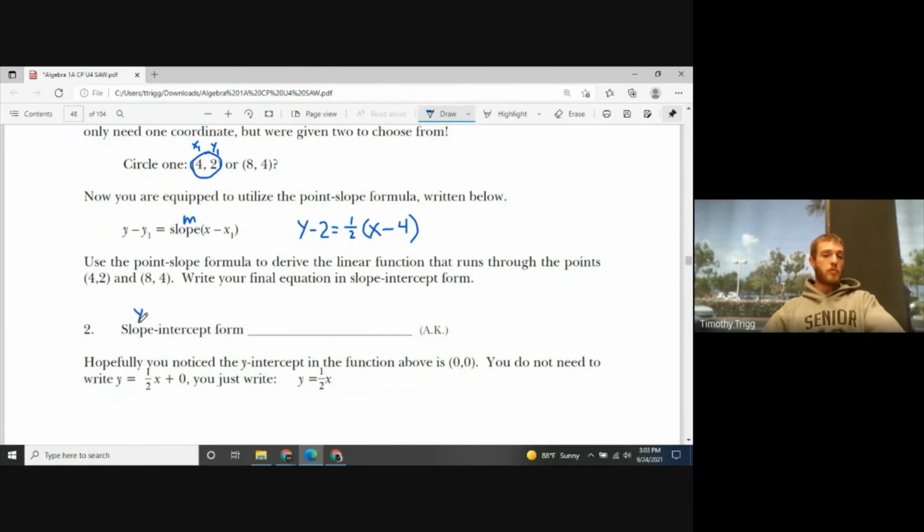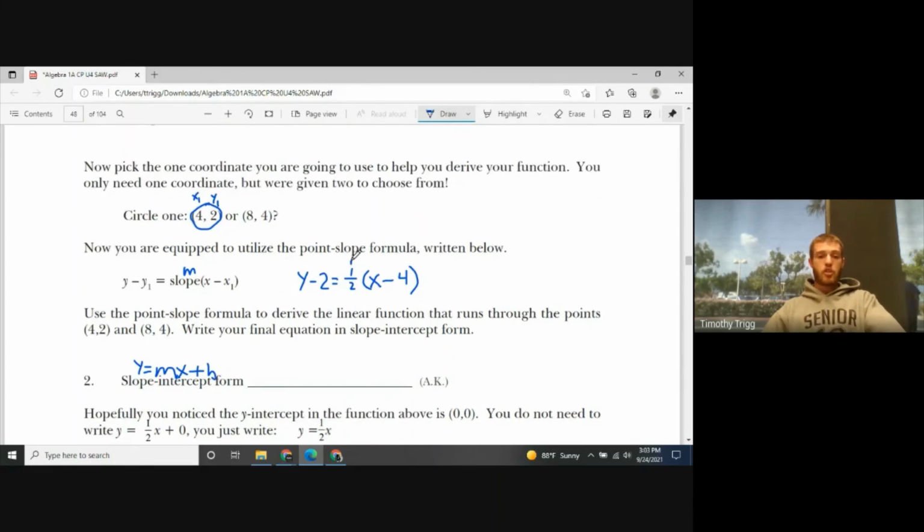Remember, slope intercept is y equals mx plus b. So how do we do that? Well, the first thing I would do is distribute this 1/2. So that would give us y minus 2 on the left equals half x minus, what's half of 4? Oh, that's 2.